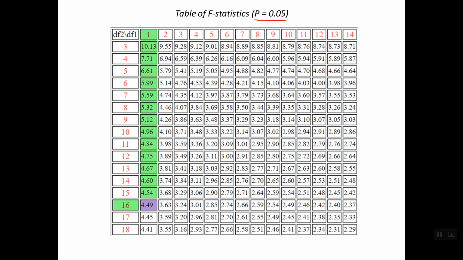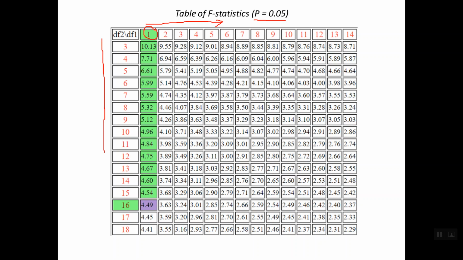So this table is related to the alpha of 0.05. In this row here, we need to know the value of the first degree of freedom. And as I have mentioned, all of the variables have a degree of freedom of 1.